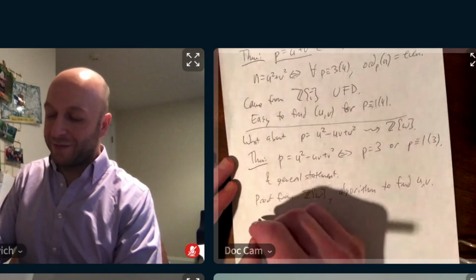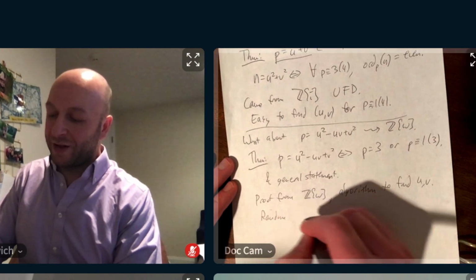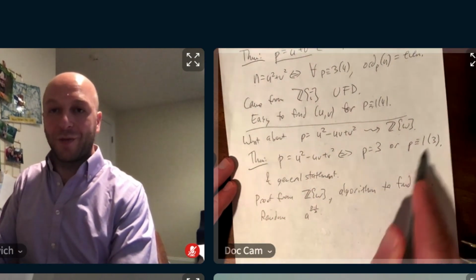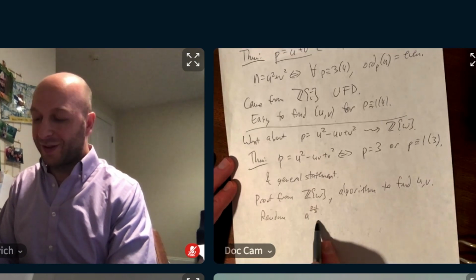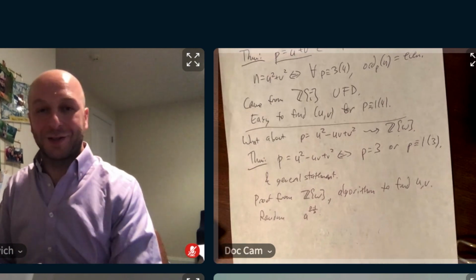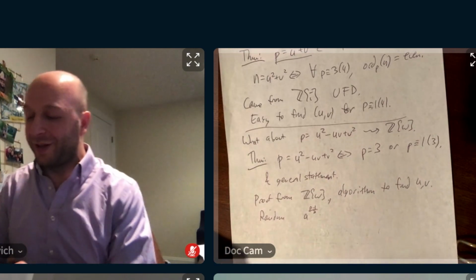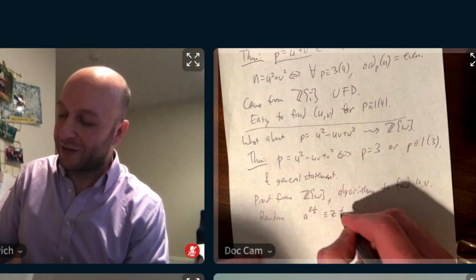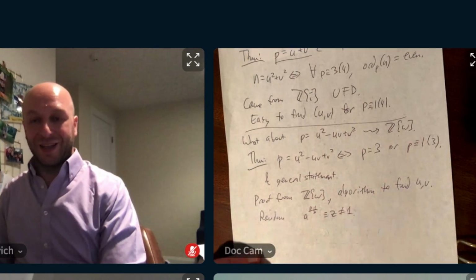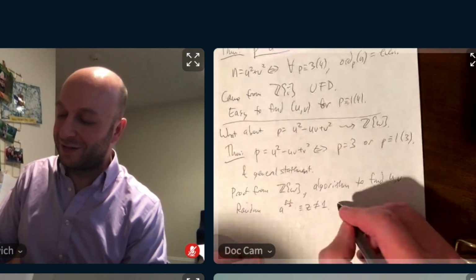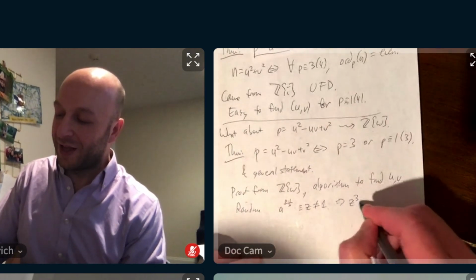You take a random a raised to the (p minus 1) over 3. That's why I need p to be 1 mod 3. It's likely to be 1, but with 2/3 probability it's a number not equal to 1. And if it's not equal to 1, then this is a number whose cube is 1. Then z cubed is 1 mod p.